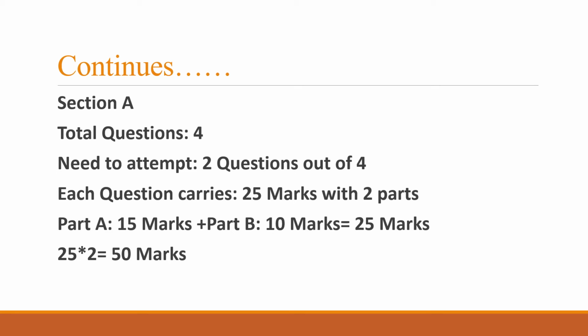The details of section A continue. As we have discussed earlier, there are two sections in this paper. Each section carries 50 marks: section A 50 marks and section B 50 marks, thus making 100 marks. Now we come to section A. The total questions given in this section are 4.